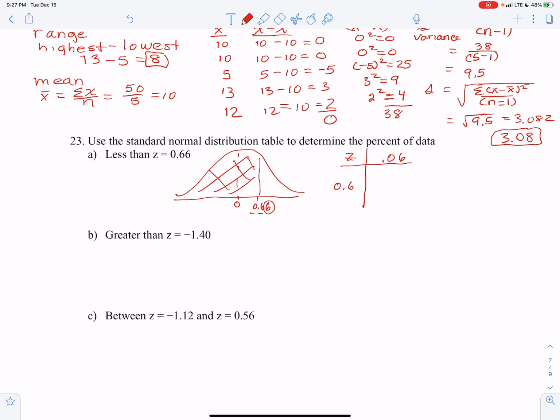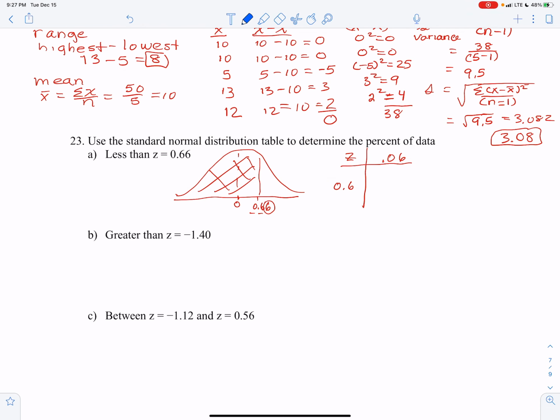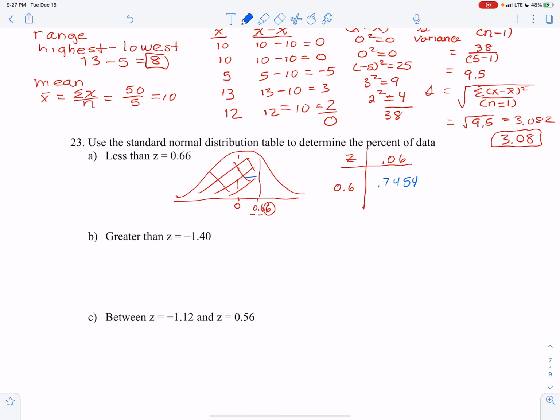So what I get is 0.7454. Now the area from the table measures the area to the left of the z-score, always.